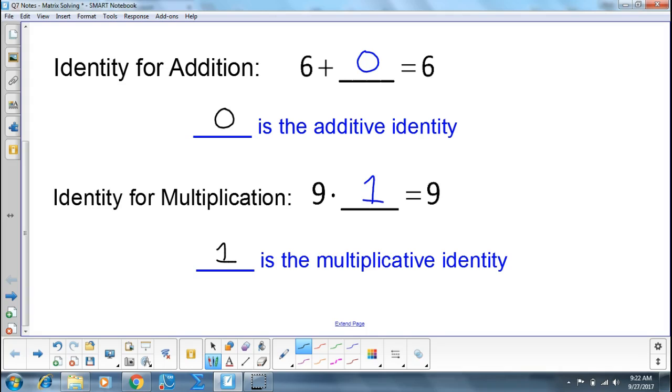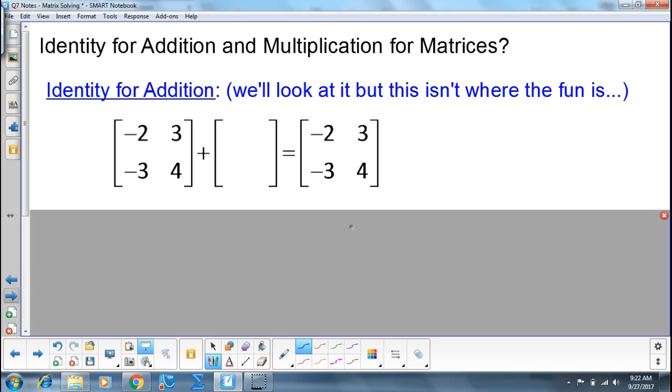Okay? All right? So let's take those two concepts. Now let's go one step forward from where we were at the start. So if I've got a 2 by 2 matrix, -2, 3, -3, 4, and I want to add a matrix to that, but I don't want anything to change, what's that 2 by 2 matrix going to be?